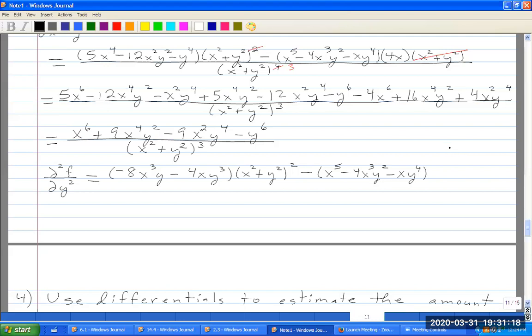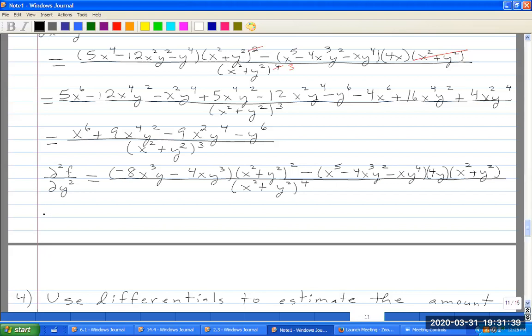So I'll bring down the 2 times (x^2 + y^2) to the first, times the derivative of what's inside. So a 2 times 2y is 4y. All divided by the denominator squared.